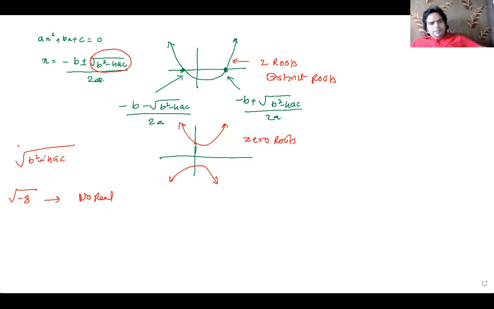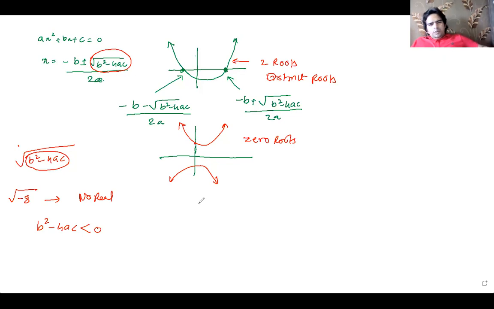So if b squared minus 4ac is negative, which means less than 0, the graph is not going to cut the x-axis at any point, because the root of a negative number does not exist. In that case, your graph will be entirely above or below the x-axis.